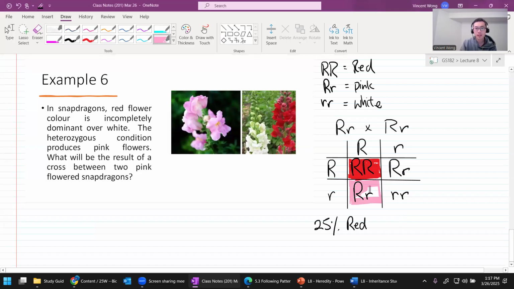I remember that's why it's important to write down at the beginning so you don't get confused about what the genotypes turn out to look like. Okay. 50% pink and then 25% white.